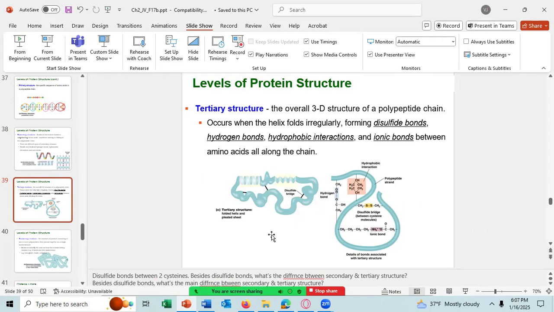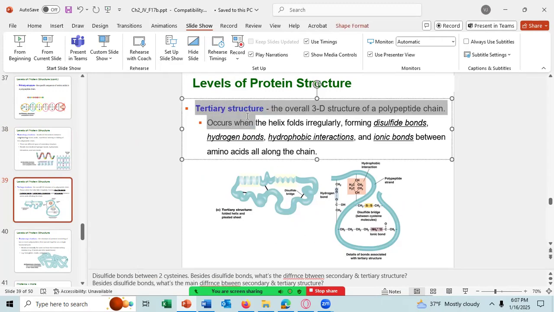All right. If the protein only is made up of one polypeptide, the tertiary structure is the highest level of protein structure that that protein can get. To my knowledge, all enzymes only can go to a tertiary structure because all enzymes that I know only have one polypeptide unit making the enzyme.